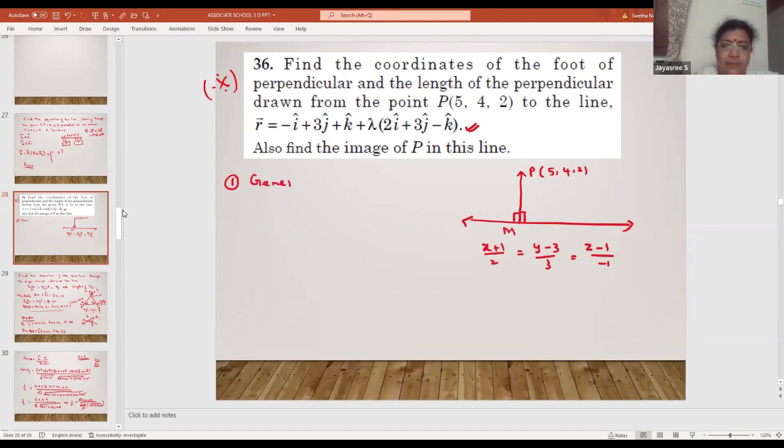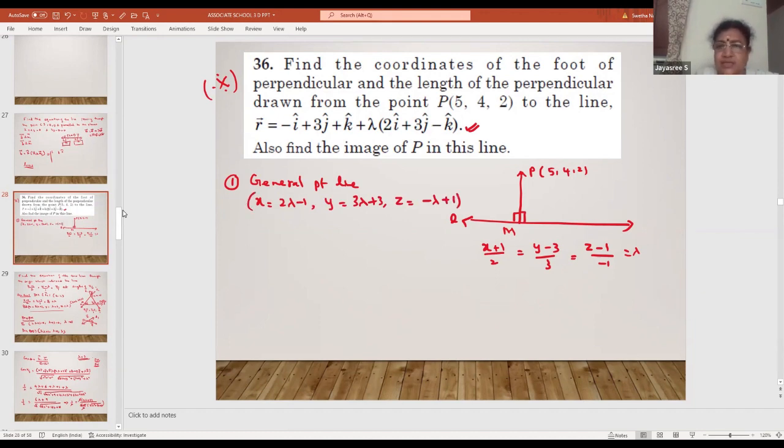My first step is I ask them to write step 1, write the general point of the line. I give them the step numbers so that they don't miss out any steps, whether 6 steps or 7 steps are there. They identify the general point of the line L. So taking lambda, get x is equal to 2 lambda minus 1, y equal to 3 lambda plus 3, z is equal to minus lambda plus 1.